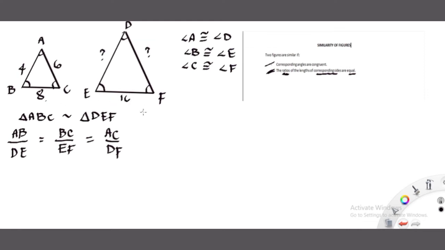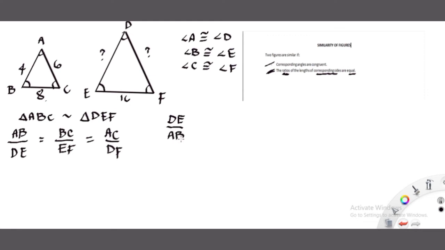So, pwede natin i-pair dito yung ratio na gusto natin, yung ratio ng parts na gusto nating hanapin or yung nawawalang parts. Okay? Let's say, here, we'd like to solve for DE. So we will write its ratio. So DE, since it corresponds to AB, isusulat natin ang ratio niyan.